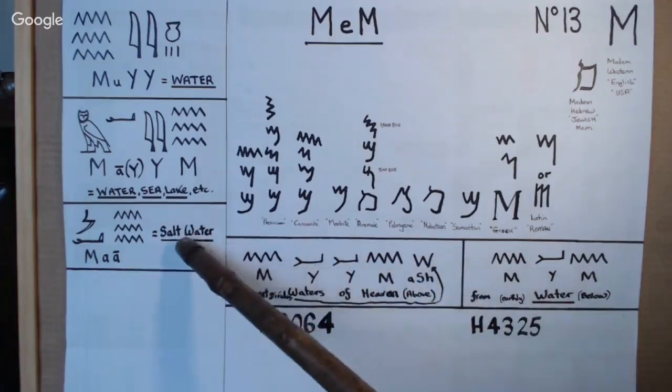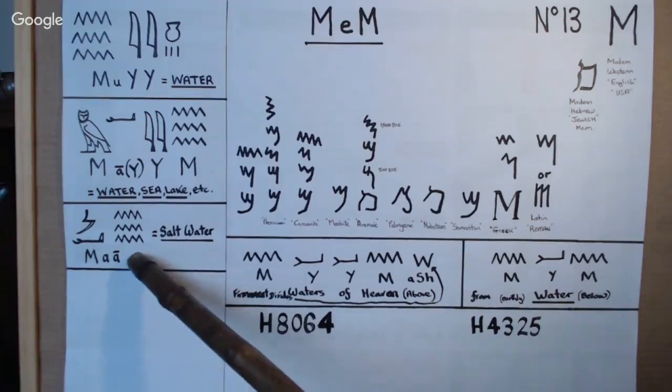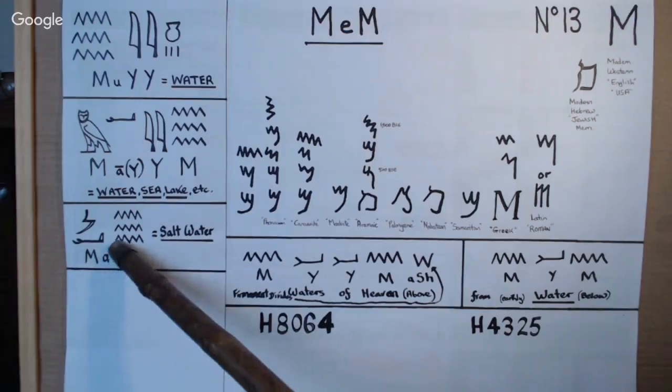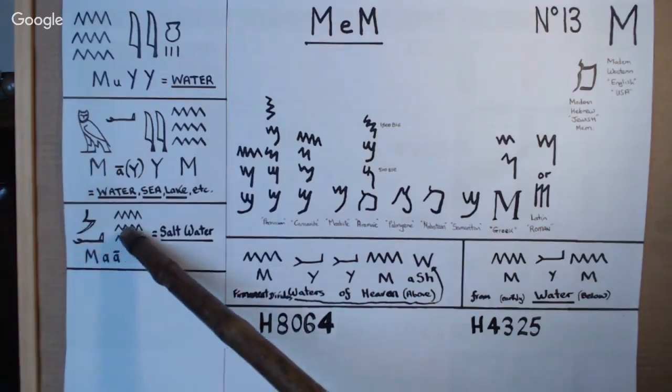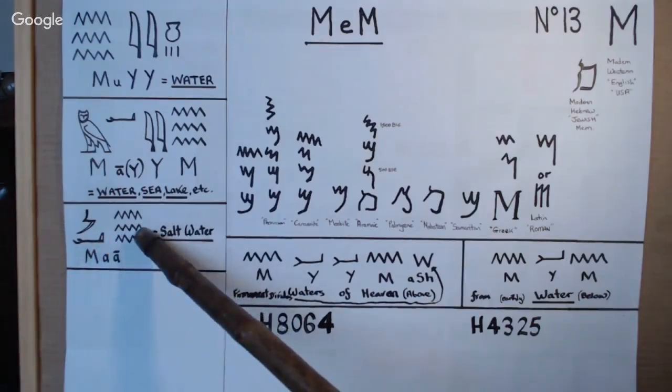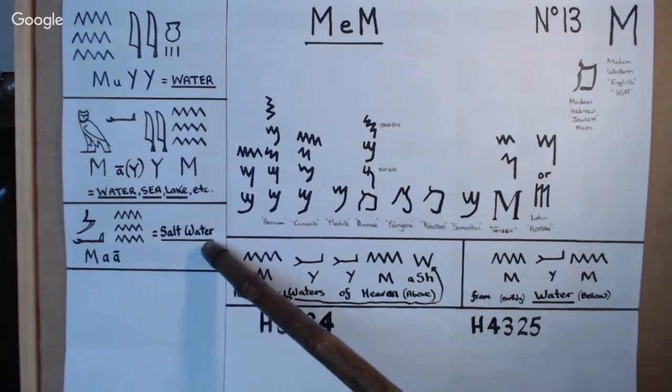The last one for the Egyptian take on things is Ma'ah, which is this symbol here with the outstretched arm underneath and the 3 wavy squiggles representing the waves of the sea. And that in itself means salt water.